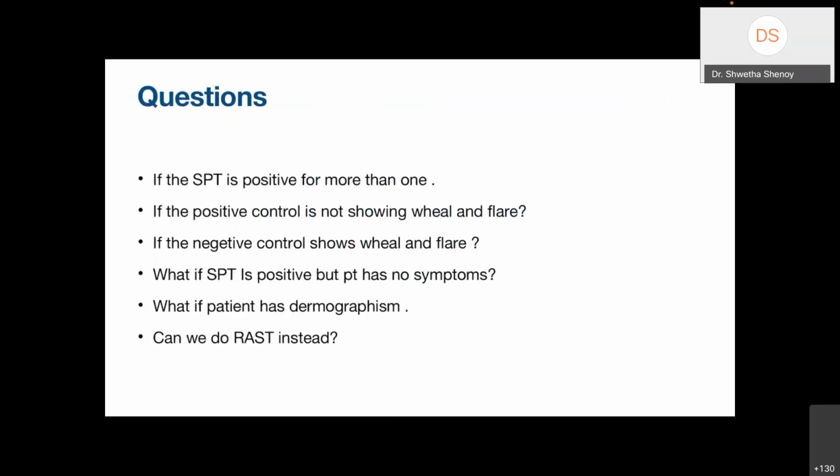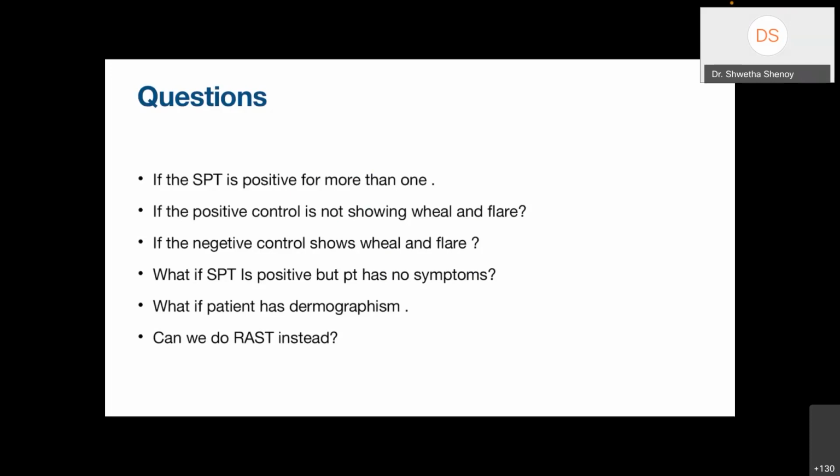The inference is that they may be allergic to more than one thing. Their environment would have sensitized them. I'm using the word with great emphasis here: sensitized to one or more allergens. That is why we can have more than one positive SPT.